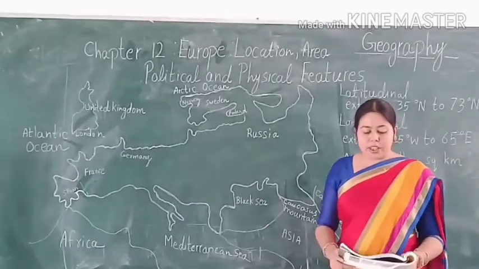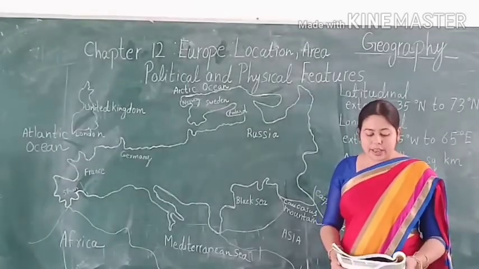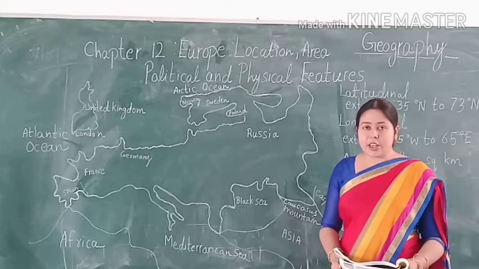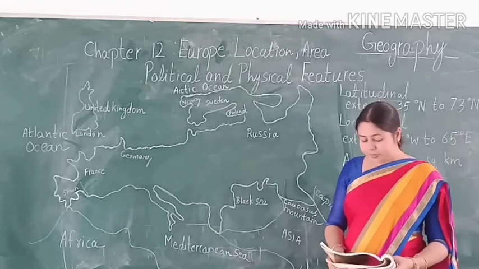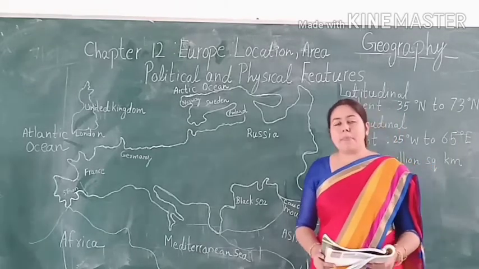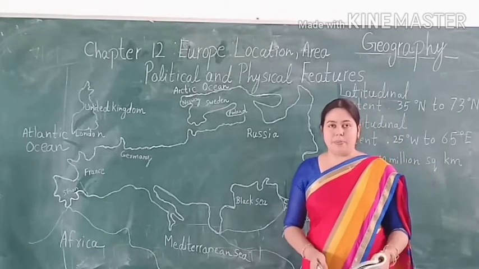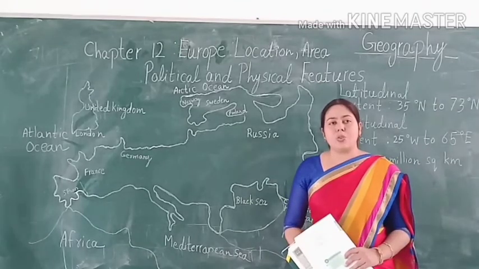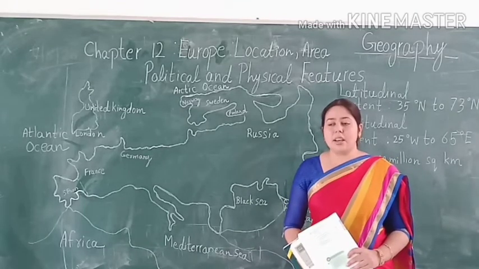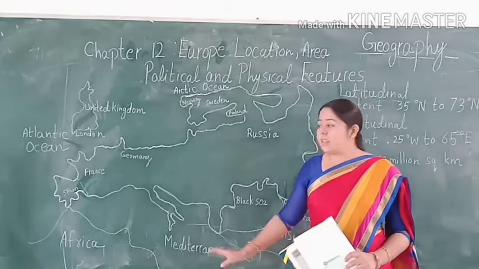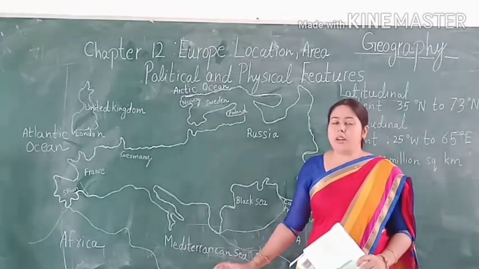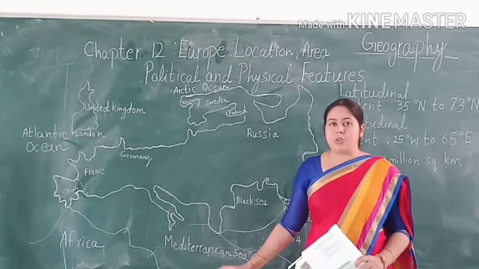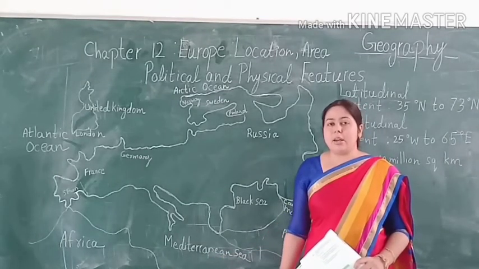But owing to its location and geography, it has exerted a great influence on the rest of the world. Europe is called the peninsula of peninsulas. So what is a peninsula? A peninsula means a land mass which is covered on three sides by water. For example, India is a peninsula.